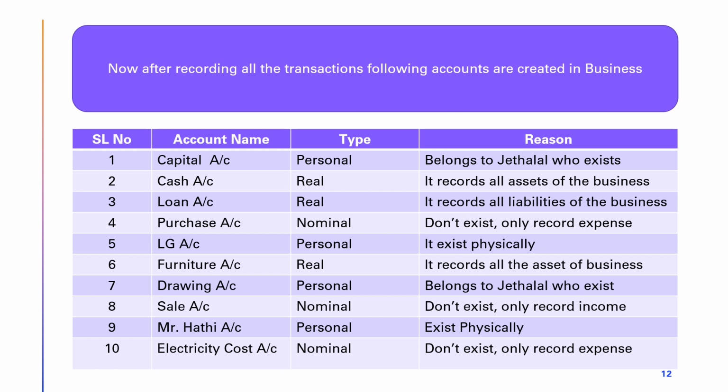If you notice, those accounts which exist physically, either as a person or as an organization, are classified as personal, and those accounts which only record asset and liability of the business are classified as real, and lastly those accounts which don't exist physically and whose only purpose is to record expense and income for the purpose of presentation in profit and loss account are classified as nominal accounts.